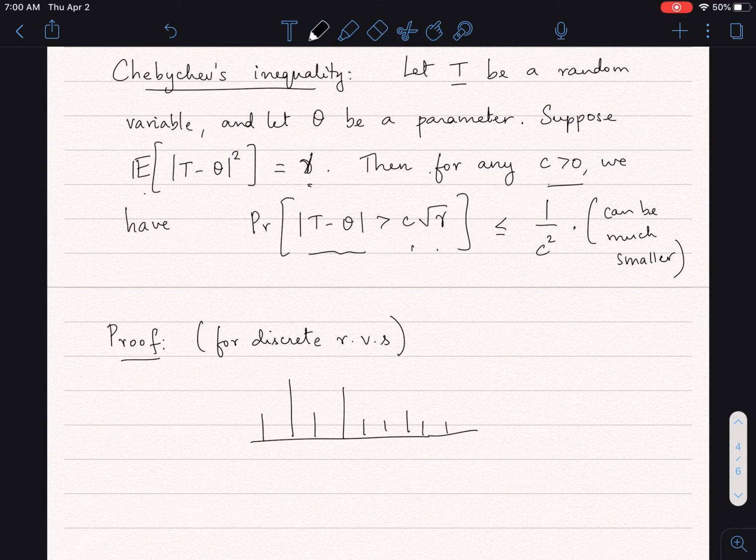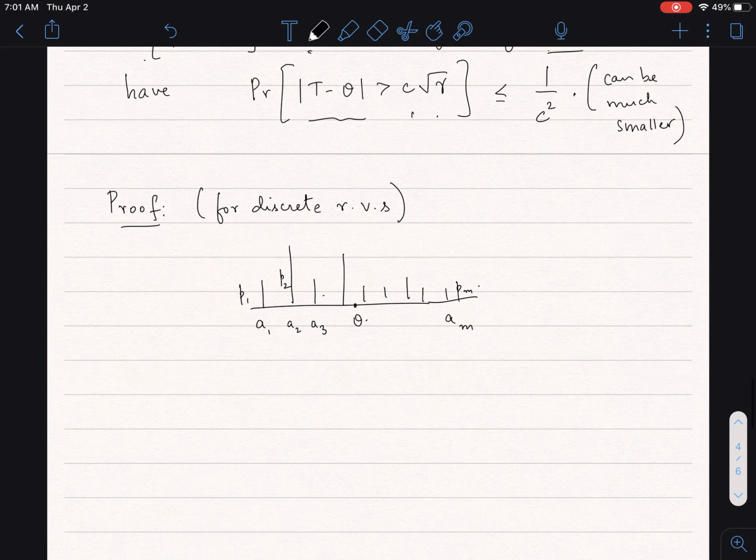Let's say the values taken by T are a1, a2, a3 up to am, and let's assume the probabilities are p1, p2 up to pm. Theta is some value, and theta need not be one of the ai's.